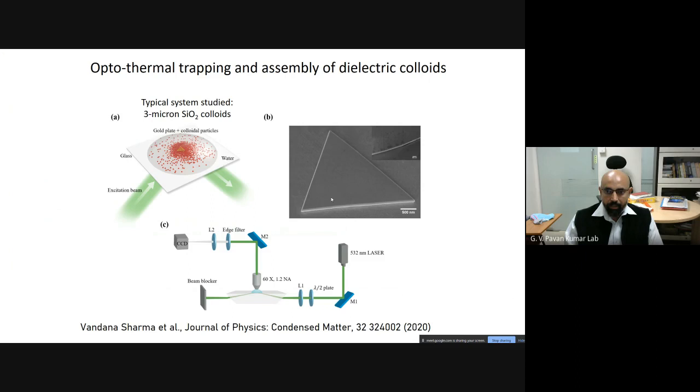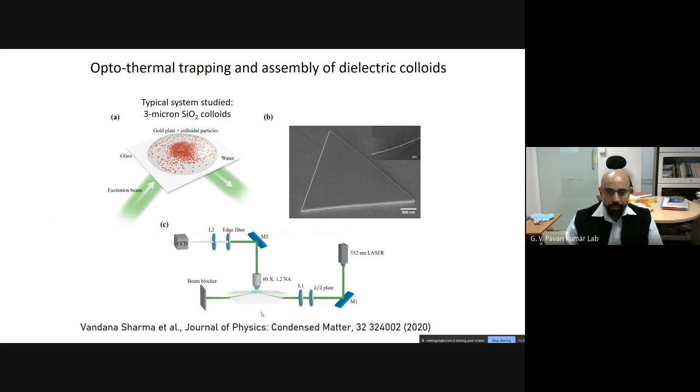This micro triangle is prepared using a chemical synthesis process, and you deposit it using a drop cast technique. If you illuminate light at a particular angle through total internal reflection, and there are colloids, in this case silicon dioxide colloids, they show some very interesting assembly process and dynamics in such a situation.